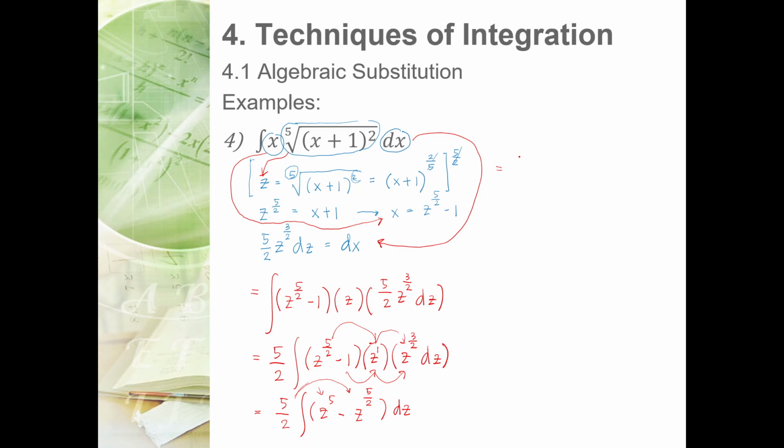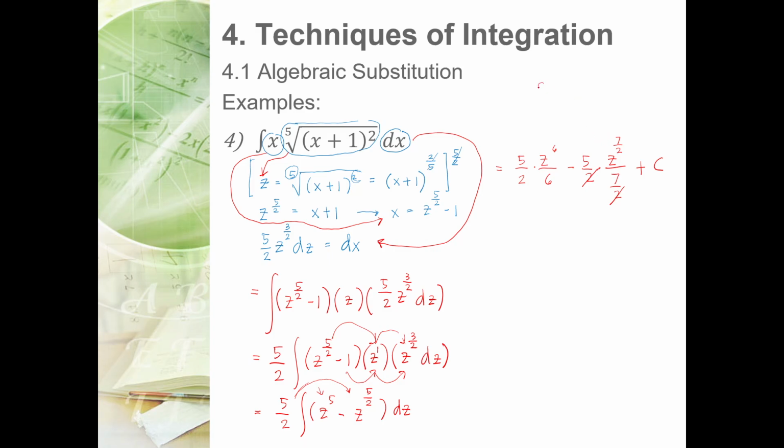So the first term is 5 halves. Then this would give us z to the power of 6 all over 6. And then minus 5 halves times z to the power of 7 halves all over 7 halves plus c. So cancel out 2, cancel out 2. If you ask me why it's being canceled out, try dividing it using basic terms.